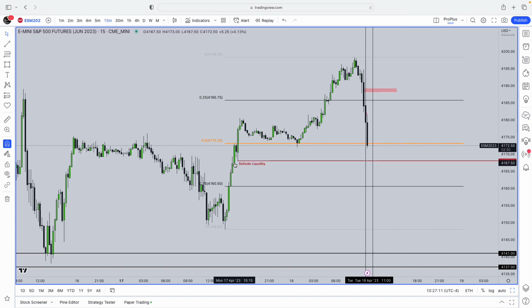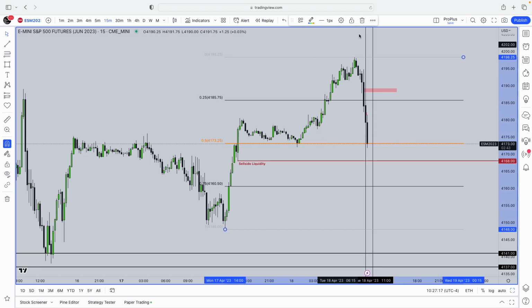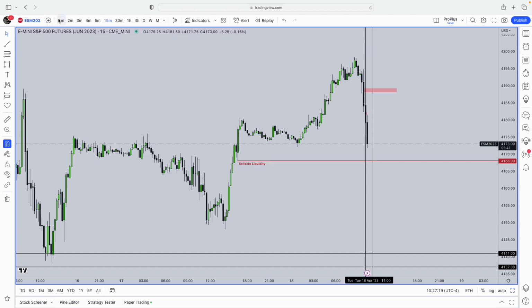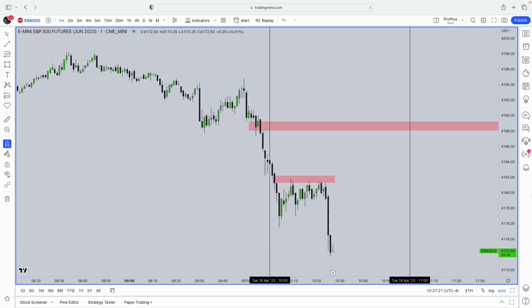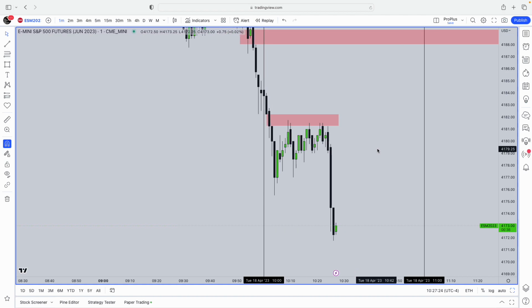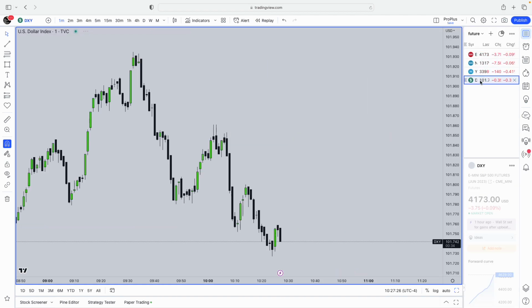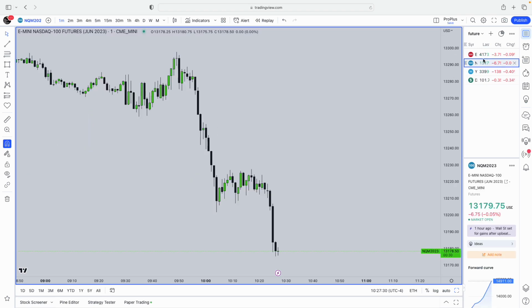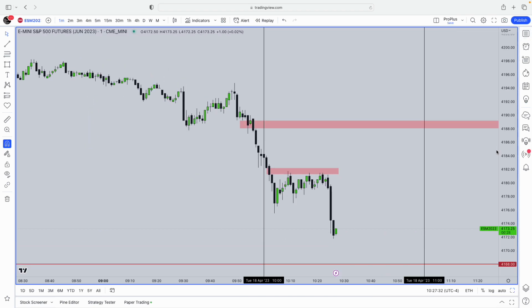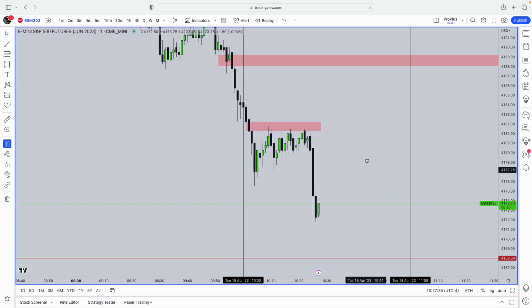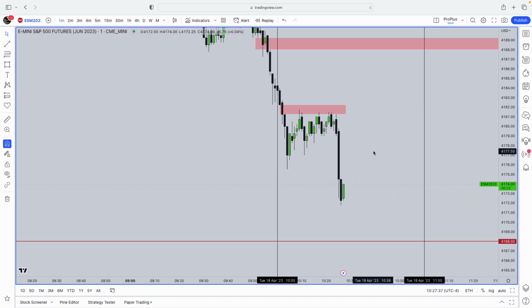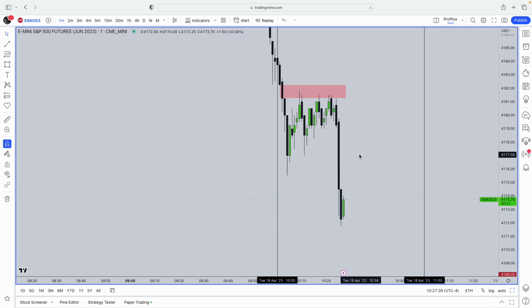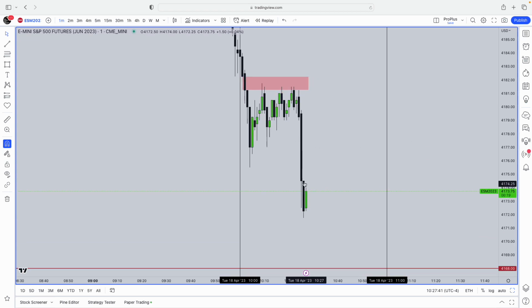Sell side, volume imbalance, fair value gap. Could be. Who wants to keep falling through? Drop lower, fair value gap.